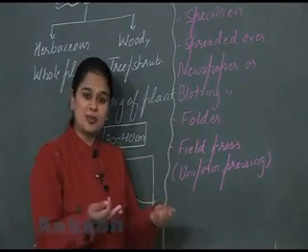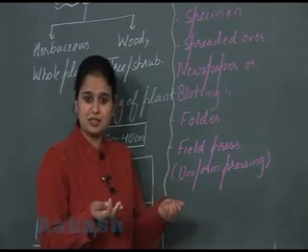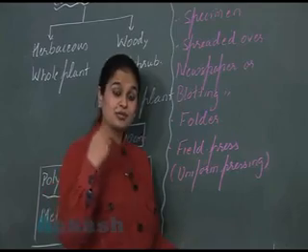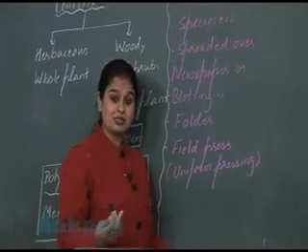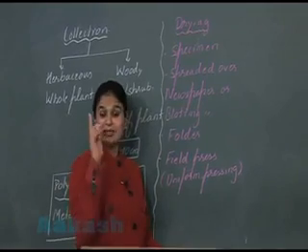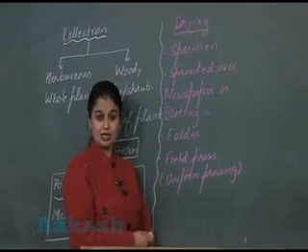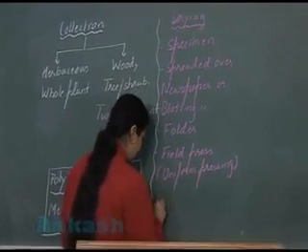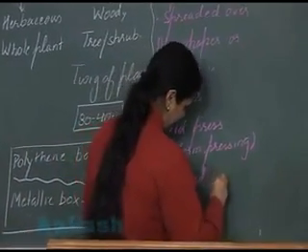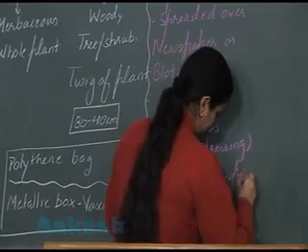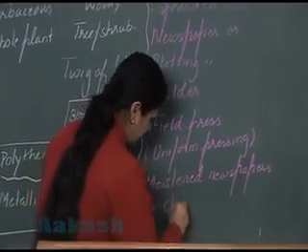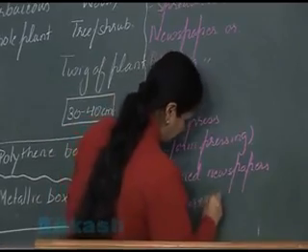Now these newspapers, when they absorb the moisture, will become wet, moistened. So these moistened newspapers should be repeatedly changed. Otherwise there can be pathogen attack. So the moistened newspapers are changed repeatedly.